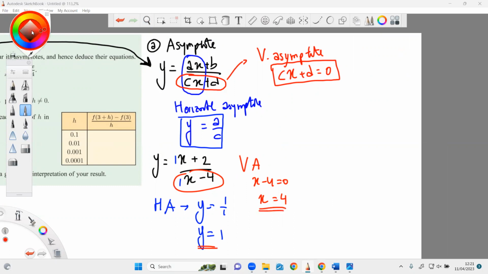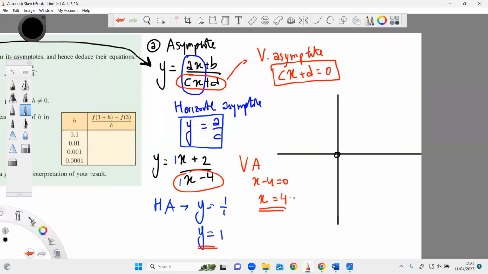Then let's sketch the graph. X equals 4. 1, 2, 3, 4. This is what we call the vertical asymptote. And y equals 1. This is what we call the horizontal asymptote.